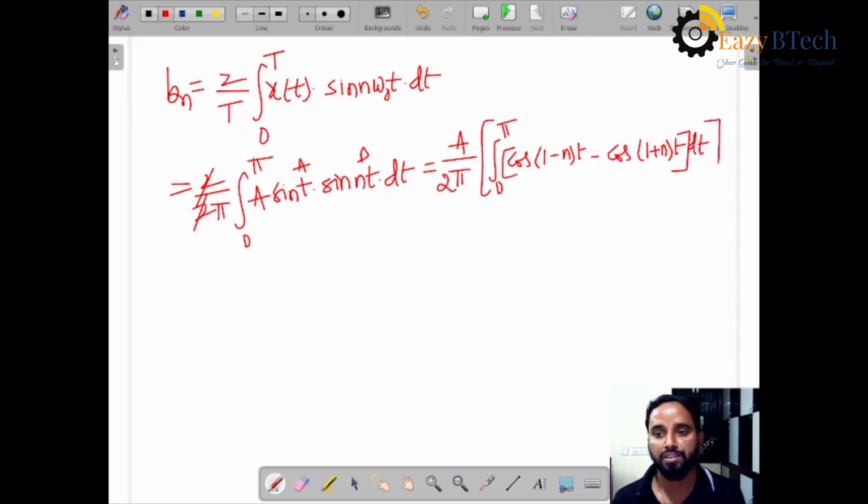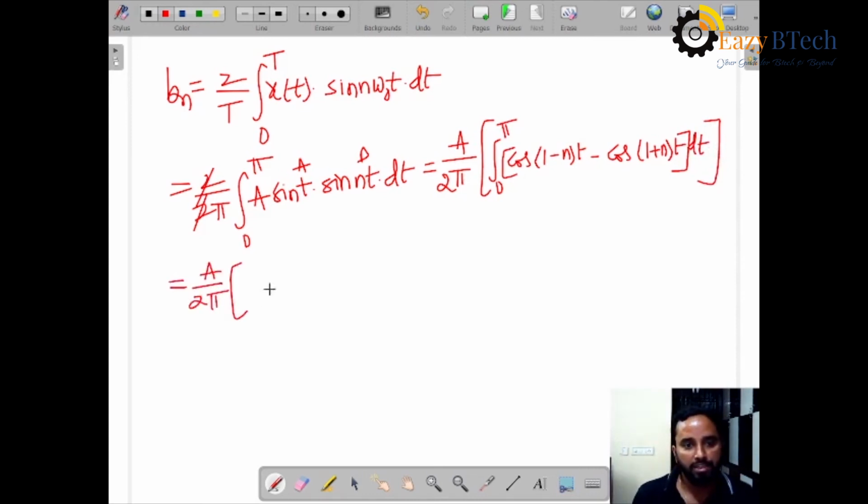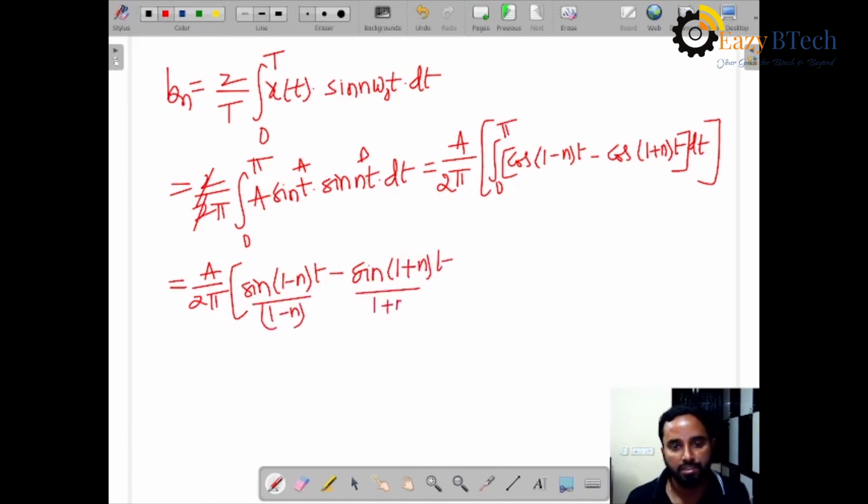Now we can do integration easily. So a by 2 pi, what is the cos integration? Sine 1 minus nt minus again cos integration sine 1 plus nt, here divided by 1 minus n, here divided by 1 plus n. So limits are 0 to pi. So by substituting upper limit, sine 1 minus n pi, minus sine 1 plus n pi.